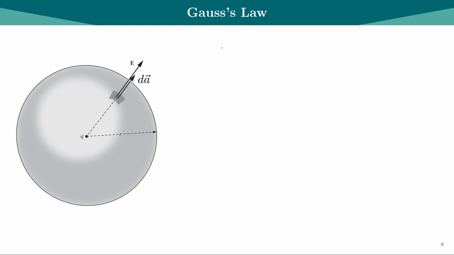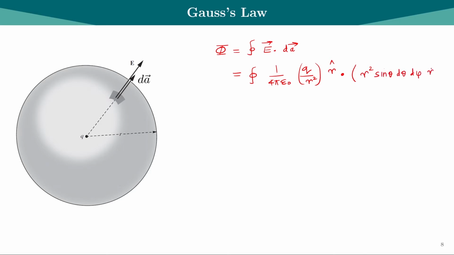Now the flux of E is given by phi equal to the integral of E dot dA, and this is equal to the closed integral of 1 over 4 pi epsilon 0, Q over R square times R hat, dotted with the area element, that is R square sine theta d theta d phi R hat.